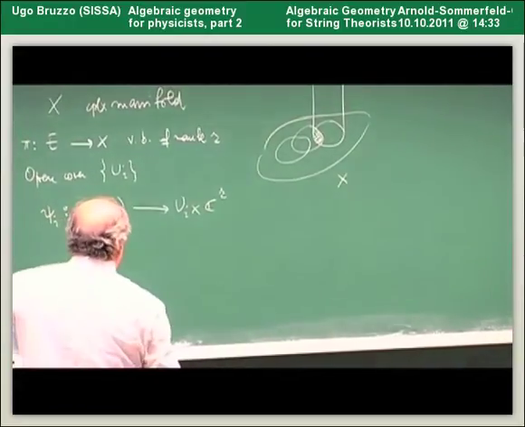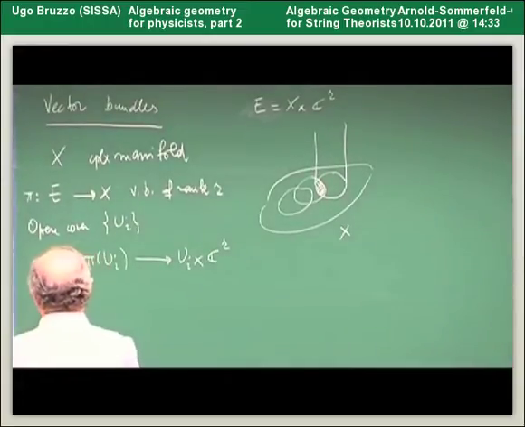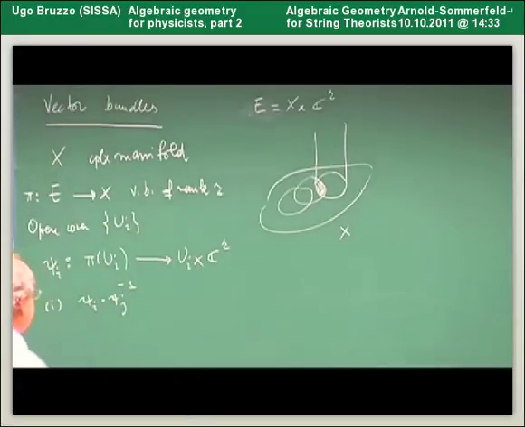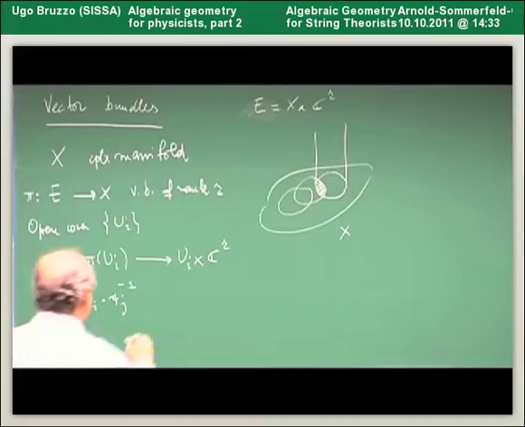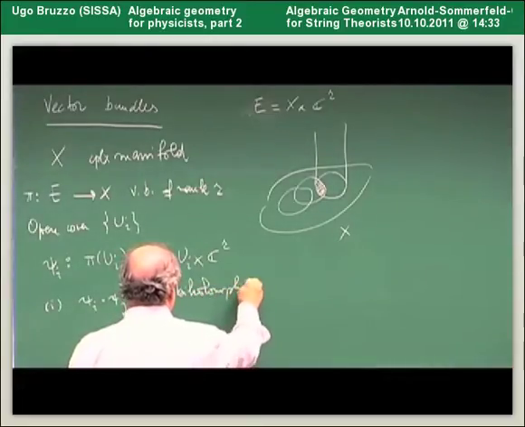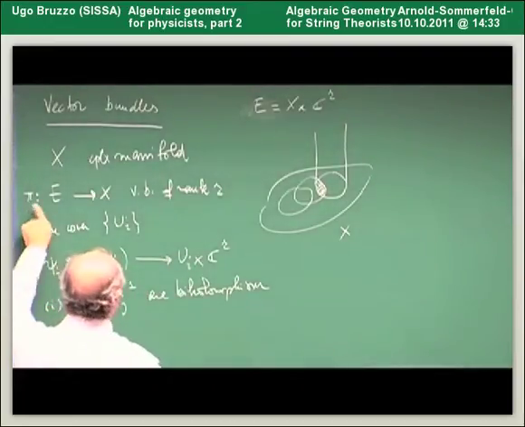First, let me be a little quick. In some way here, you can write transition functions in the same way, and you require these to be biholomorphisms. The second is a property of compatibility.